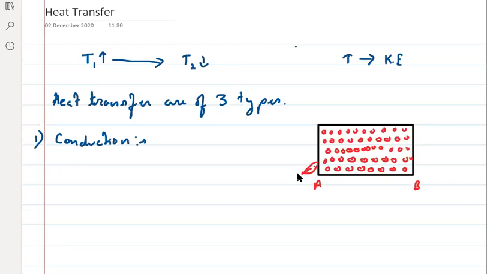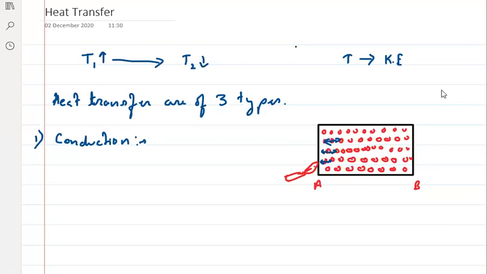Heat it up. The temperature at this end will rise. So the molecules nearer to this point will start vibrating, because they will gain more kinetic energy. Makes sense?